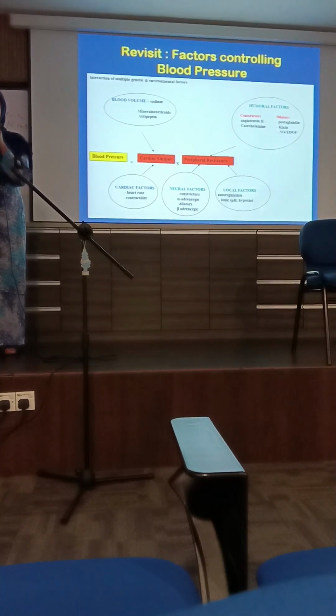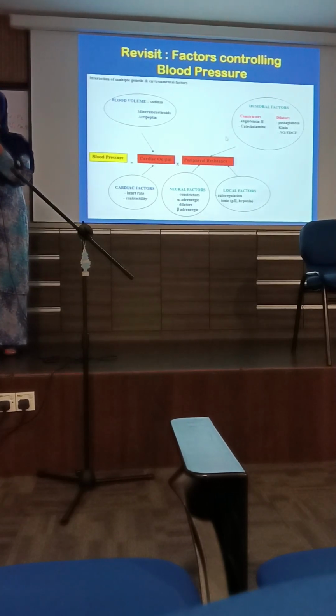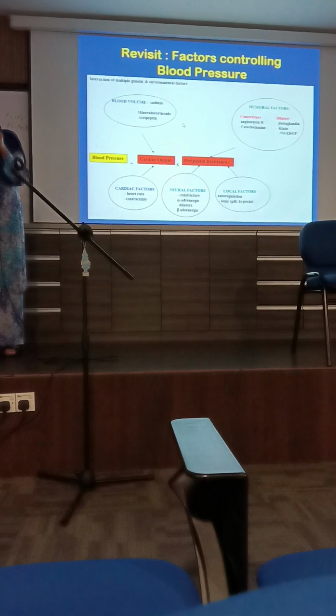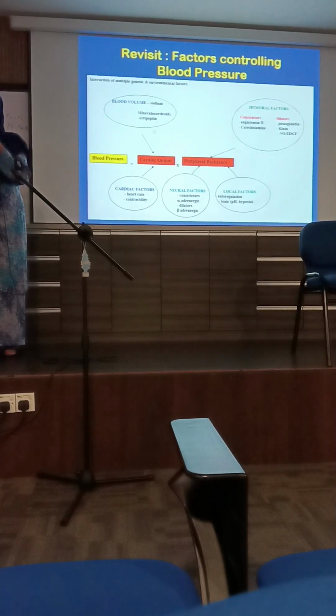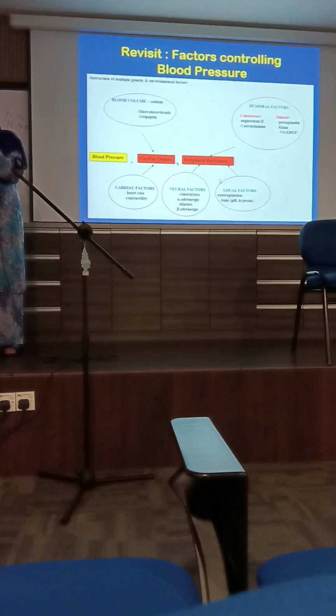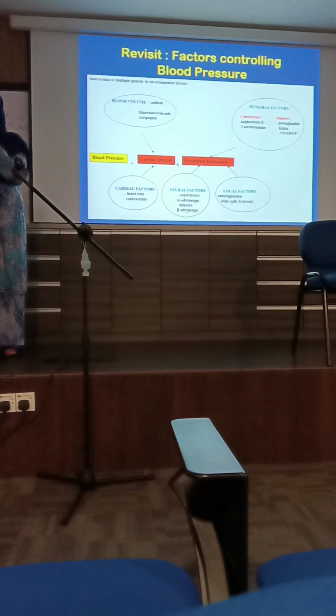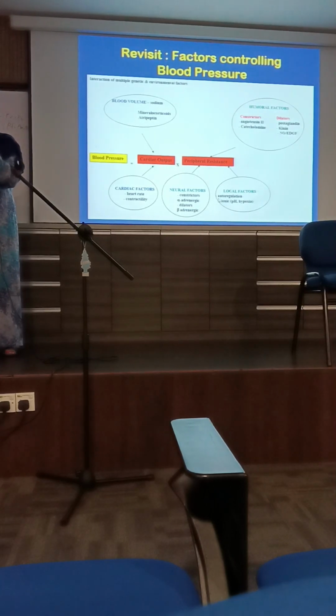For example, your mineralocorticoids and the kidney. And then of course you have your cardiac factors, heart rate and contractility. And for peripheral resistance, you have humoral factors, whether they are constrictors or dilators, neural factors, again constrictors or dilators, and then of course you have autoregulators.